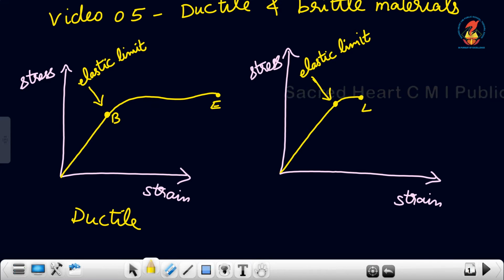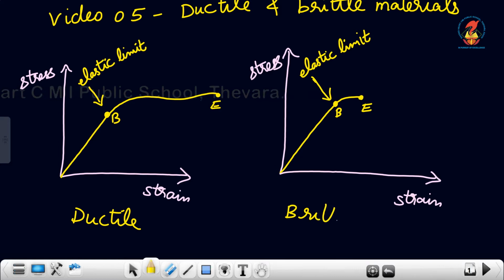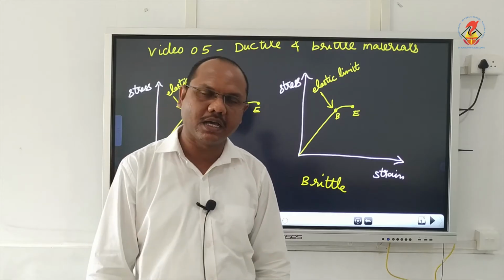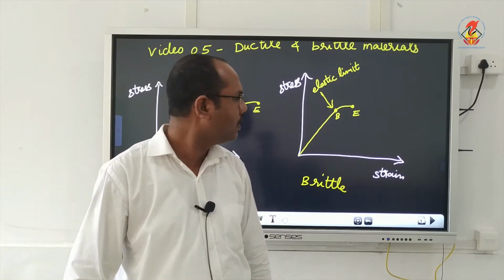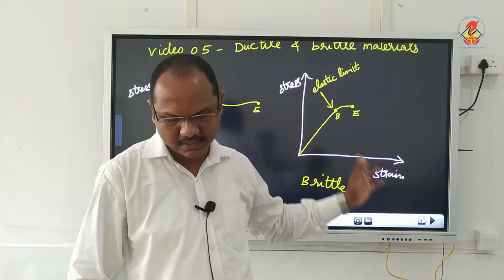So E is the fracture point and B was our elastic limit point. B and E are closer, so they are brittle. They are elastic, but they will break soon after crossing the elastic limit. So this is the graph for a brittle material. An example of a brittle material is glass. So you can draw both these graphs.